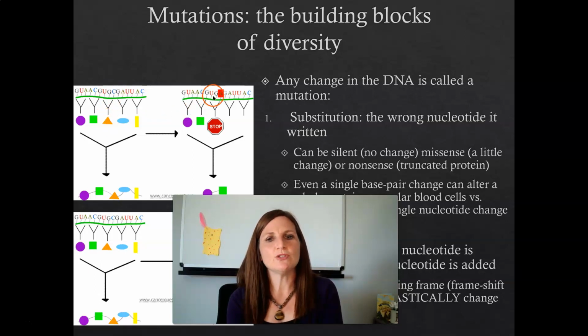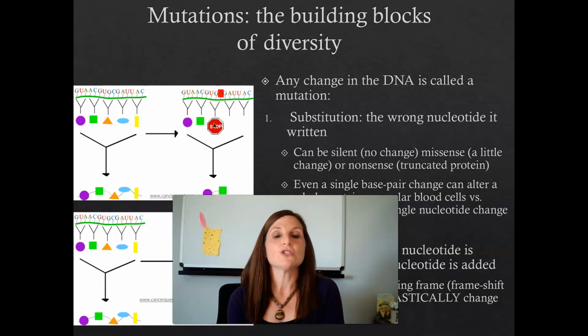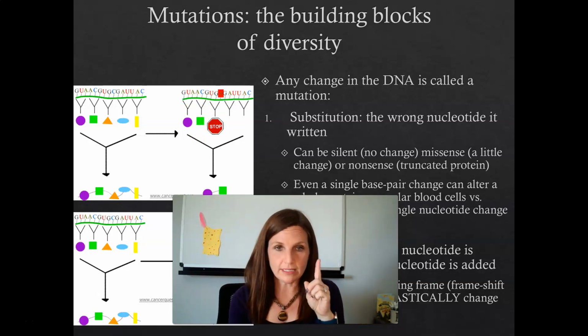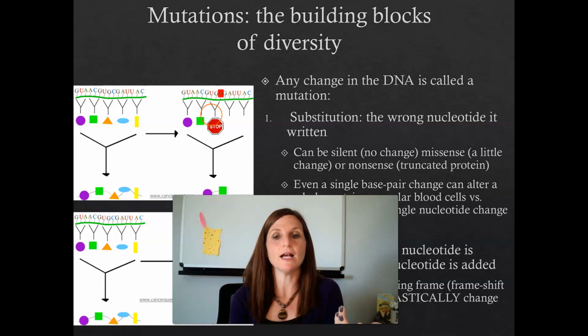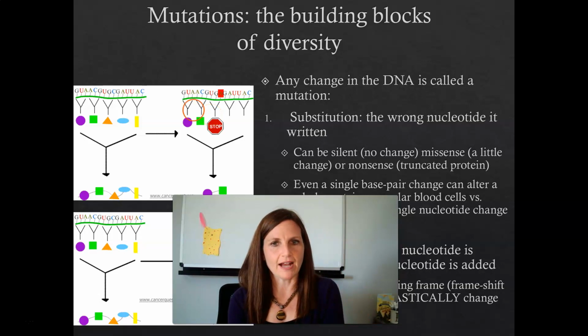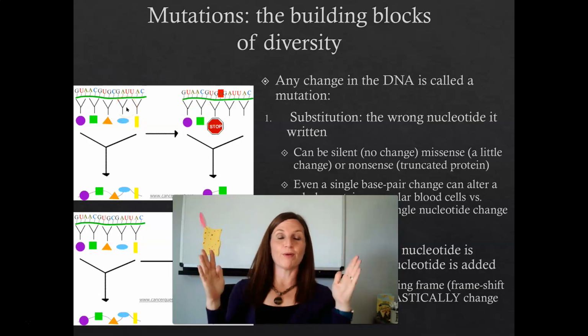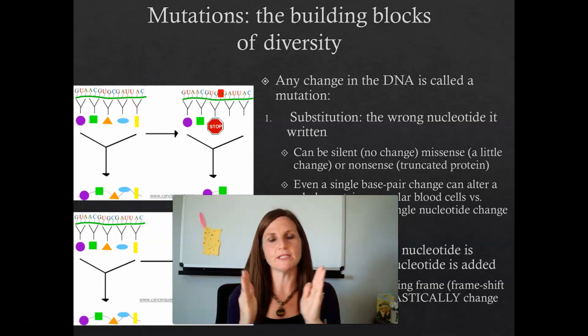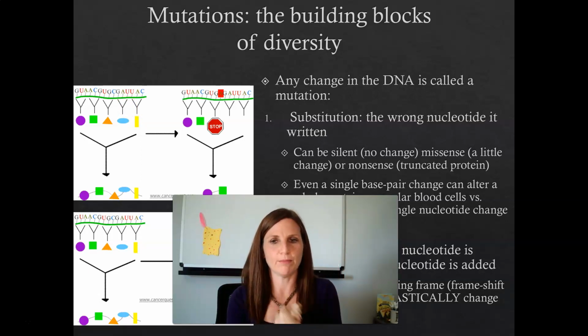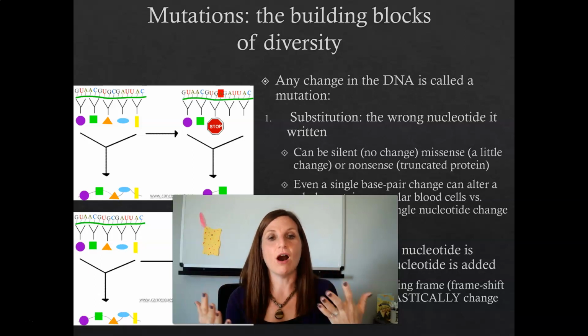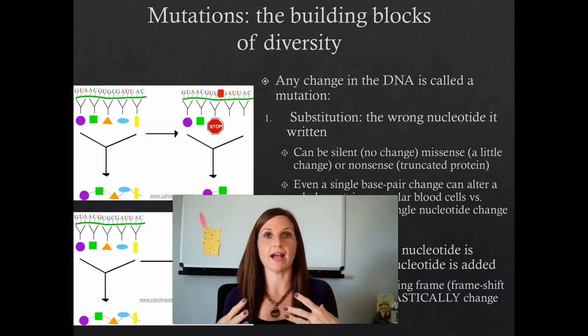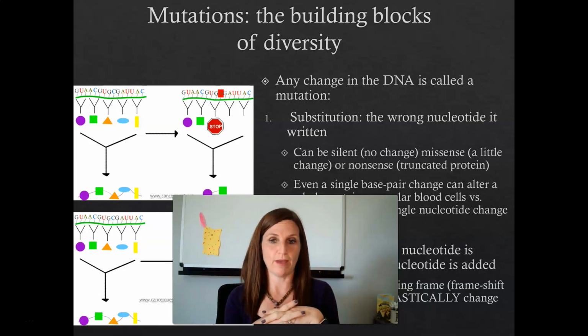And now it is UGA, and unfortunately that provides a stop. So that is a single nucleotide base substitution that ends up causing a really big effect. We were going to make a long protein, but instead now we've stopped. They call that a truncated protein. So even a single base pair mutation can cause a huge ripple effect in the proteins that you make.